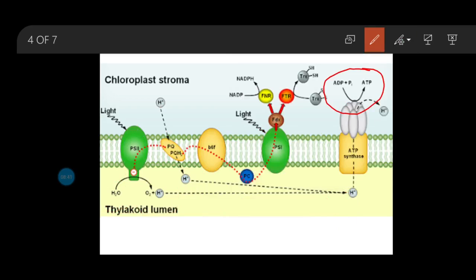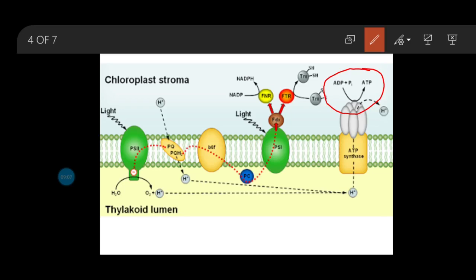Okay, so the movement of protons from the thylakoid lumen to the stroma through ATP synthase uses the energy to produce ATP from ADP and inorganic phosphate. So this is the process of generation of ATP through photophosphorylation.